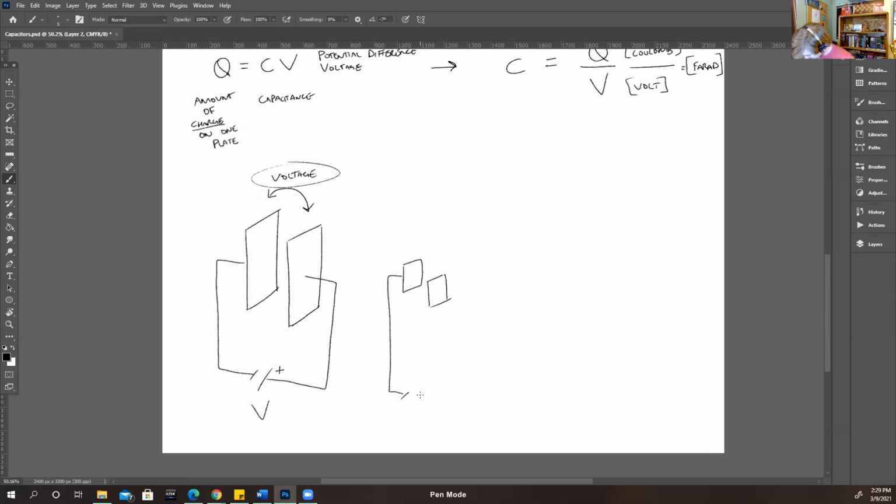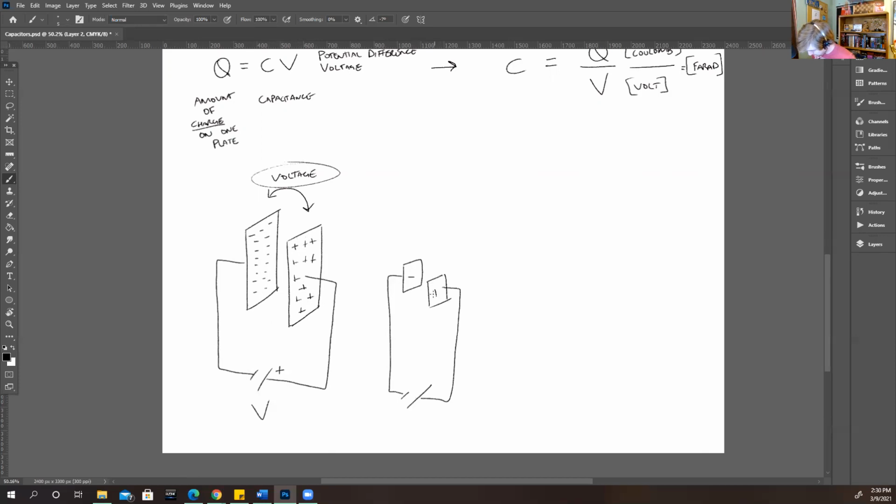So that's the same exact battery, but the capacitors are different. It makes sense, visually, that these capacitors over here on the left can hold more charge and have a much bigger capacitance than these over here.